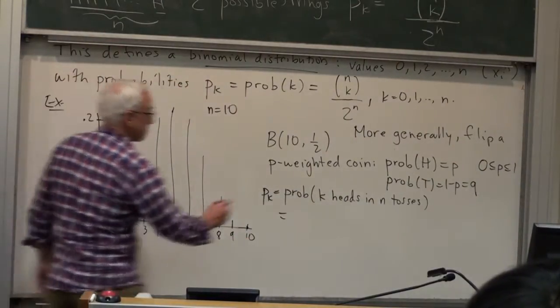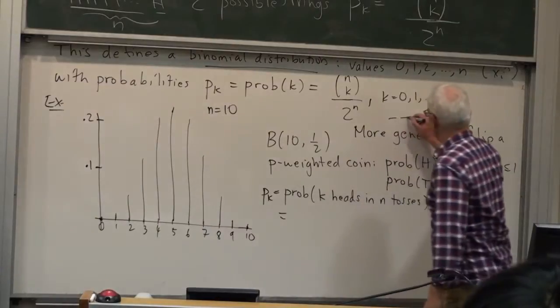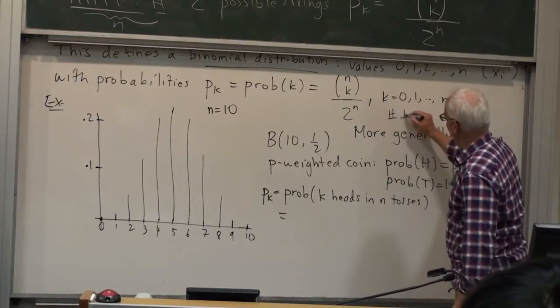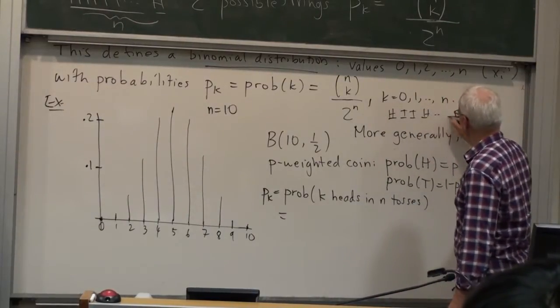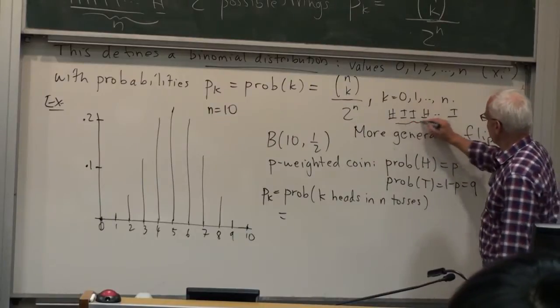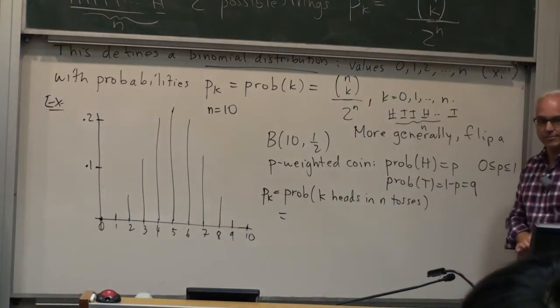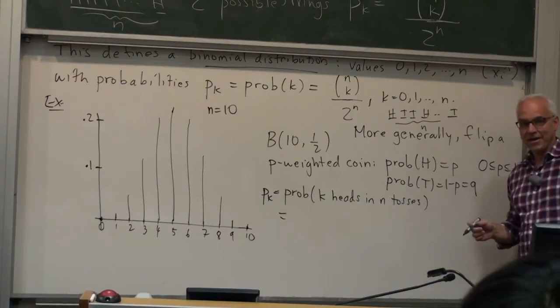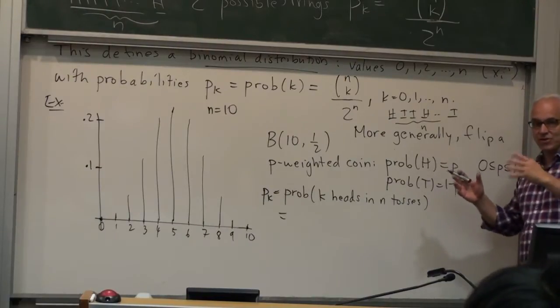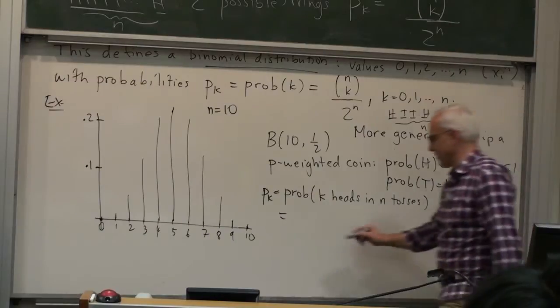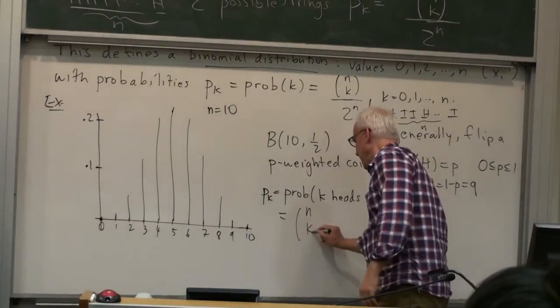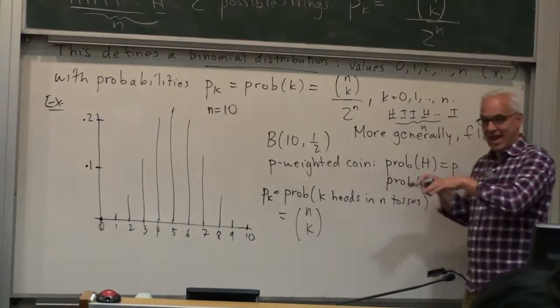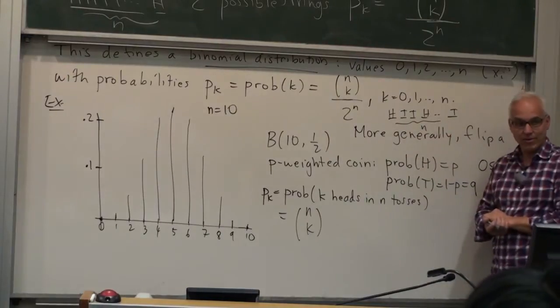We have, say, N spots, and we have to put heads, tails, tails, heads, and so on, up to tails. There's altogether N positions. There's still N choose K possible ways of choosing K heads. So there's still N choose K ways of choosing those K positions for the heads.